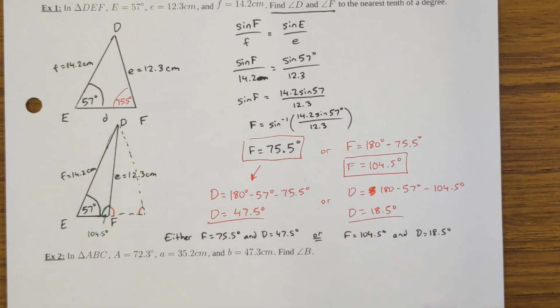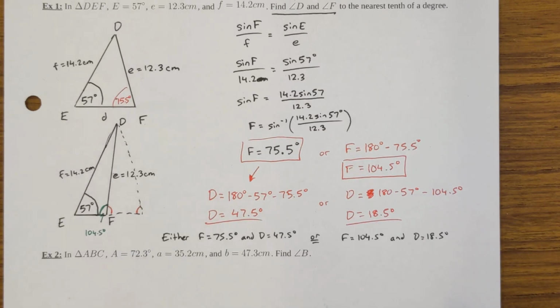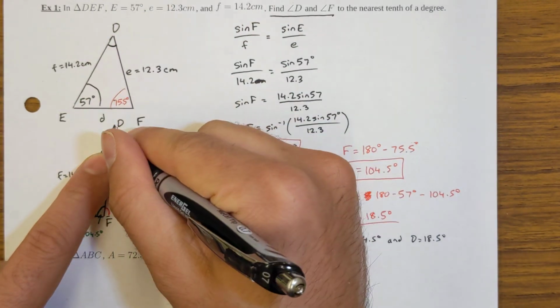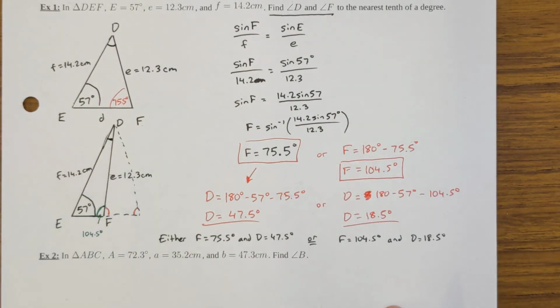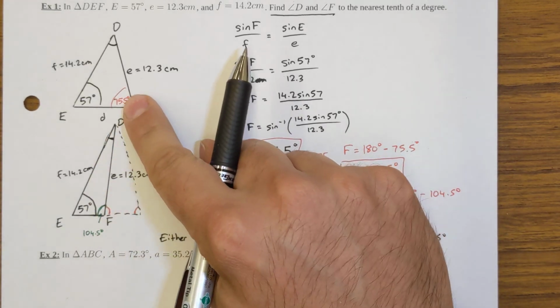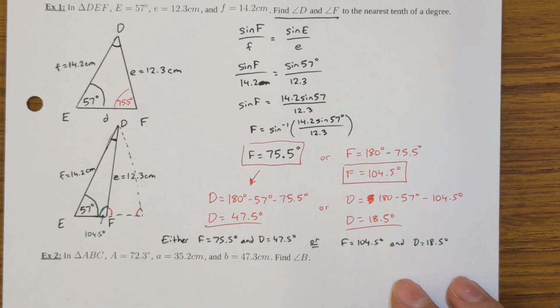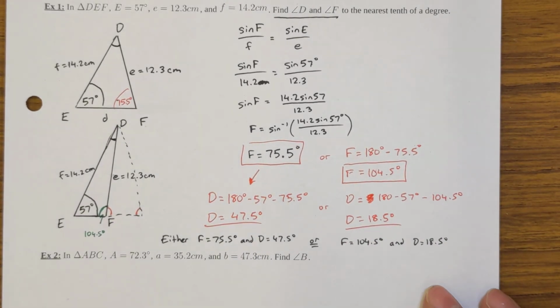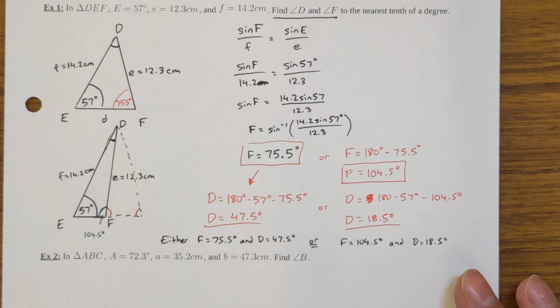Both of these work for the triangle that we have. And it depends, are we looking at this big angle D, or this smaller angle D? Are we looking at this angle F or this angle F? We don't know. We have two options, and that's why it's ambiguous. Ambiguous just means it's unclear.